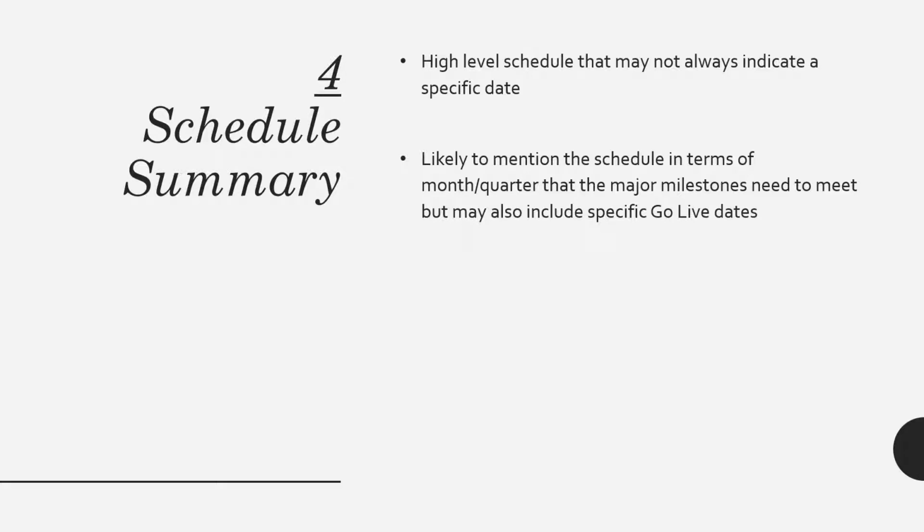So instead of 15th of July 2017, the project charter might say July 2017 is when it is expected that the procurement would complete, or it may also say somewhere in the third quarter of 2017 is when the procurement is expected to complete. So that is possible. It is possible that the project charter doesn't have specific dates, but again, a project charter might have specific dates as well.